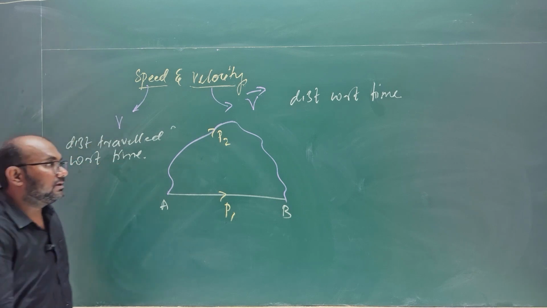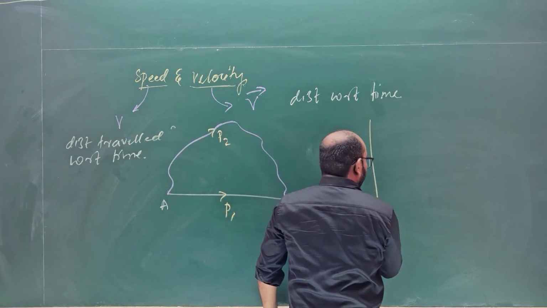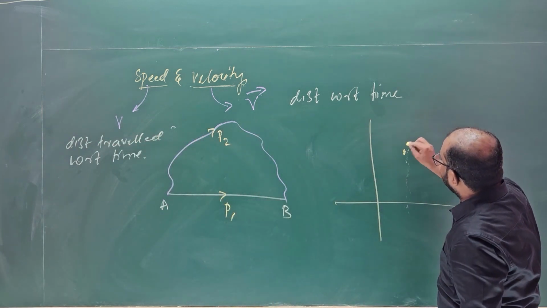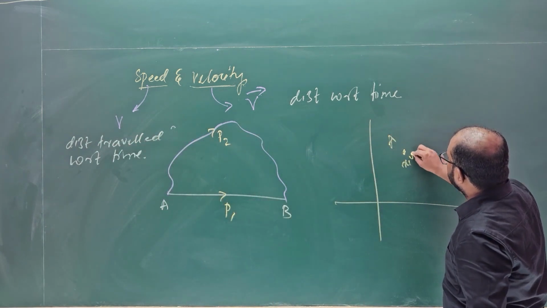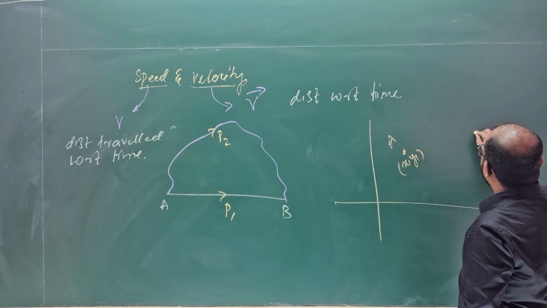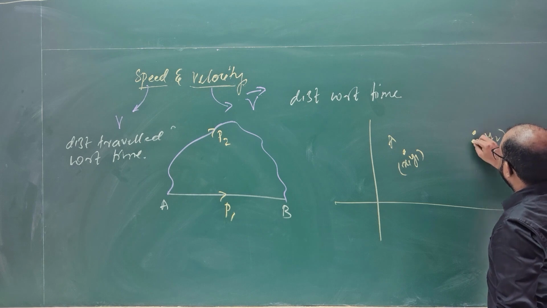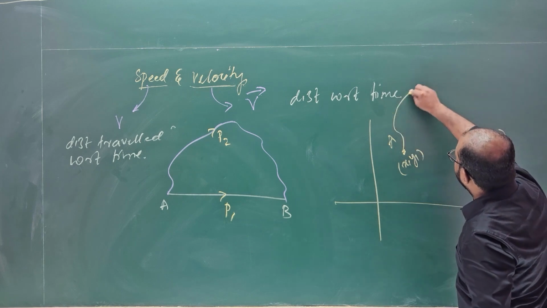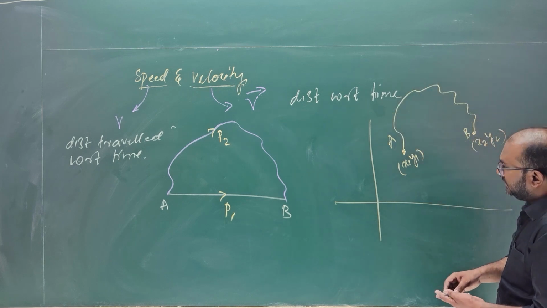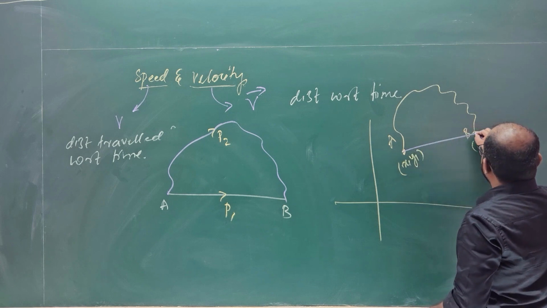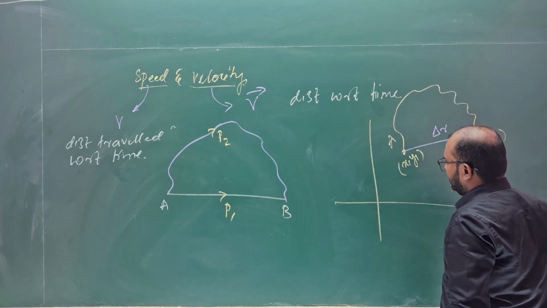Second thing, in the position vector we already discussed that if a body is at point A whose coordinate is x1, y1, and reaches point B, x2, y2, even if the body is moving randomly like this, the position vector is represented in this direction, and this delta r is your displacement.